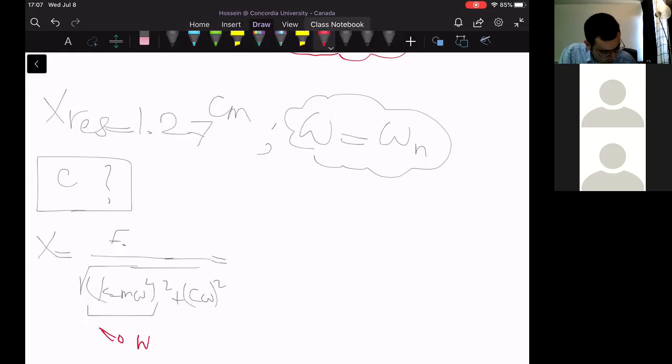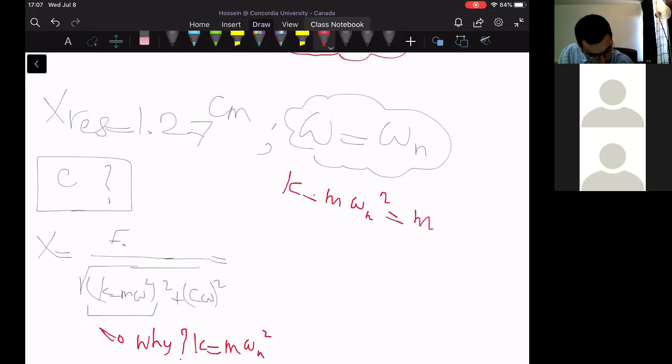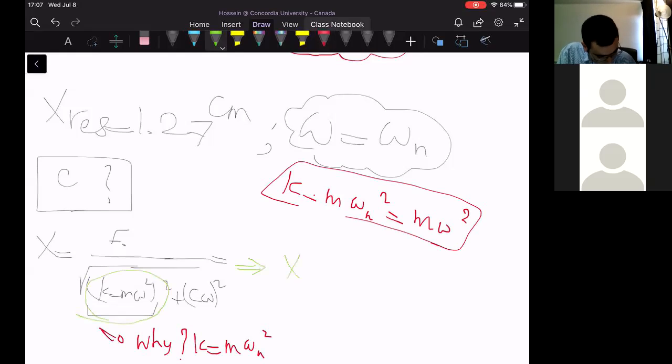Why? Because k is m omega n squared. When omega is omega n, k is equal to m omega n squared, which is equal to m omega squared. Therefore, the first term would be 0. X of resonance, therefore, is equal to f naught over c omega.